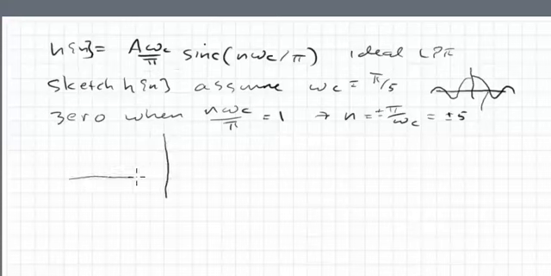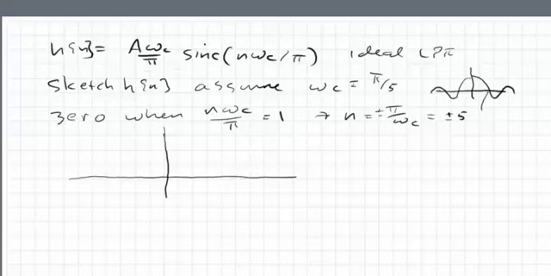And see if I can draw a couple of axes, relatively straight lines. Let me sketch the envelope.